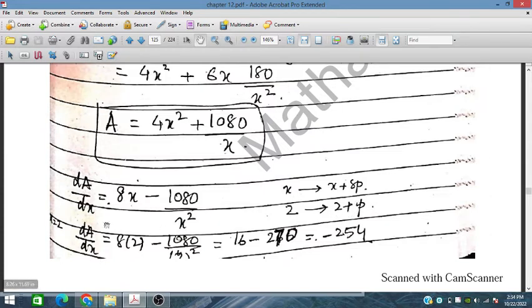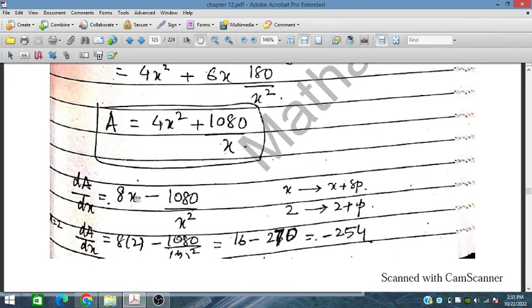So dA by dx is obtained as 8x, and then minus 180 by x square. We apply the 2 here, so 2 square is 4, and we get minus 254. So dA by dx is equal to minus 254.